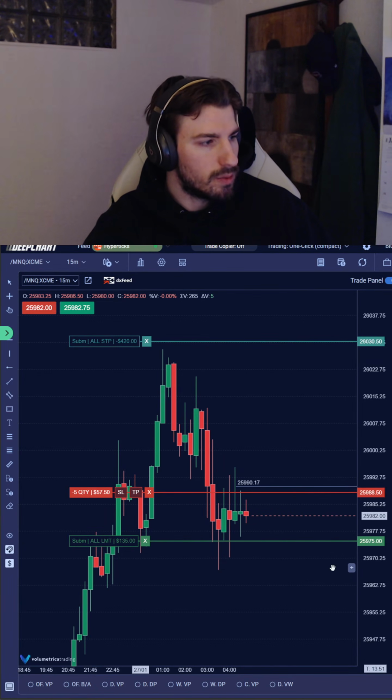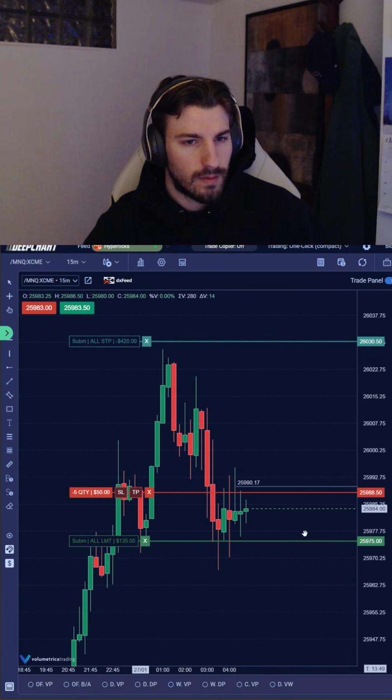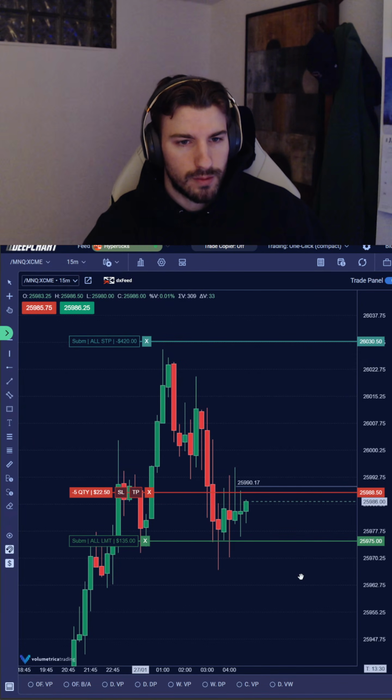All right, new 15 open here. Price action being more aggressive is just like a 1 minute candle printing top and bottom wick. Maybe a sign of volume that's coming in.